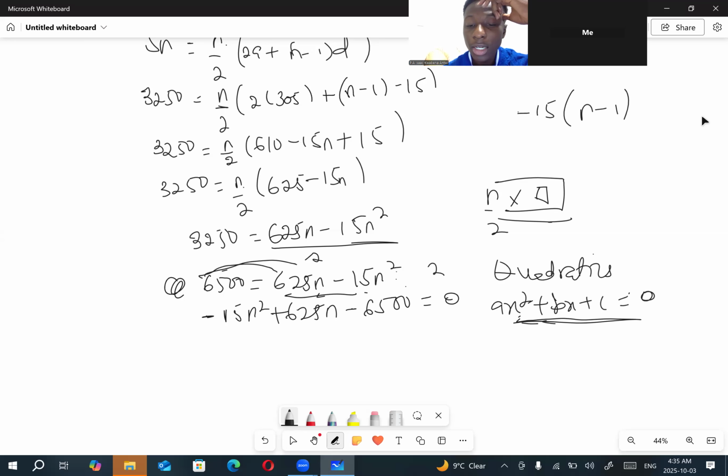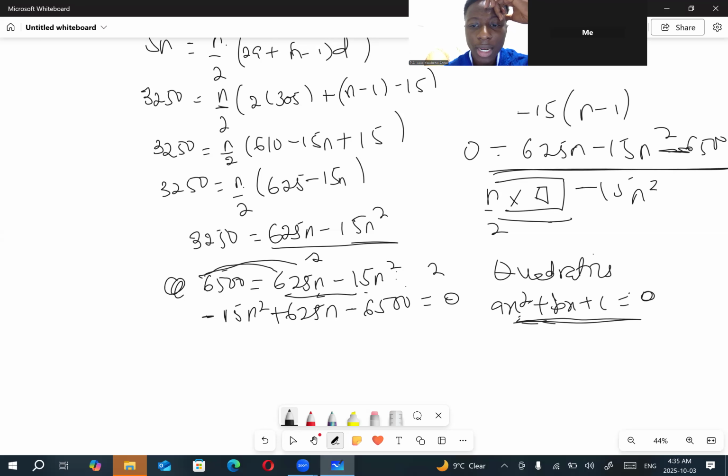So in a literal sense, it's 0 equals 625n minus 15n squared. 625 is coming, so minus 6500 is coming. I decided to write the minus 15n squared first because the squared term must come first, followed by the reduction of the square. So that's plus 625n, then minus the 6500.